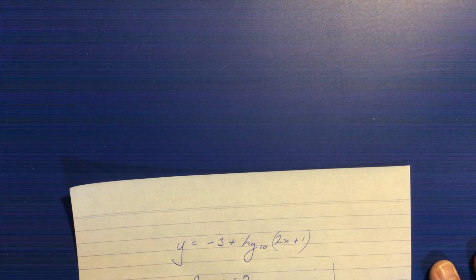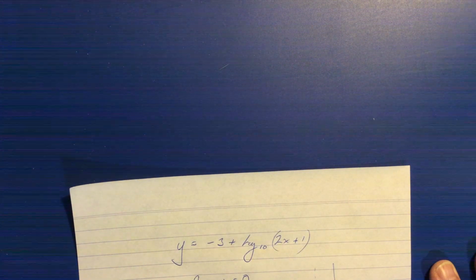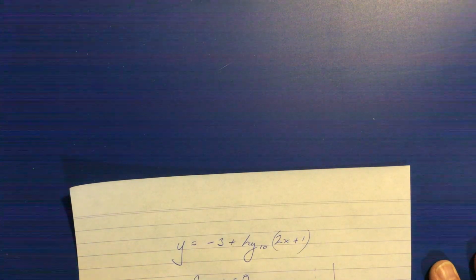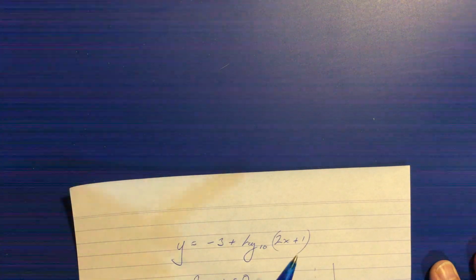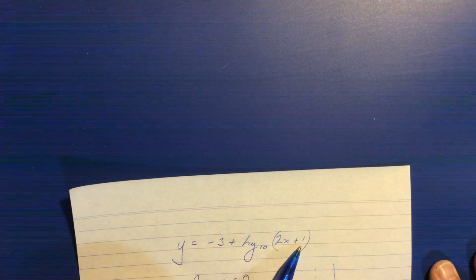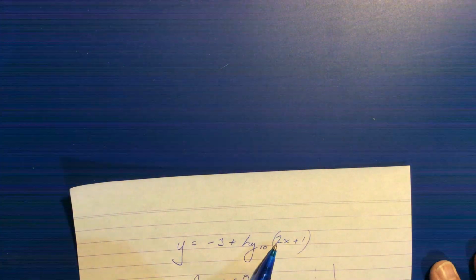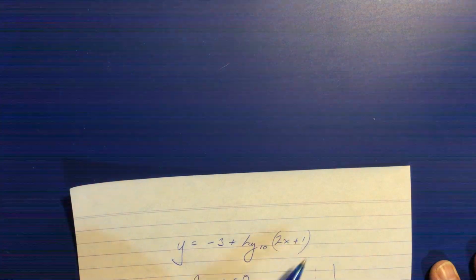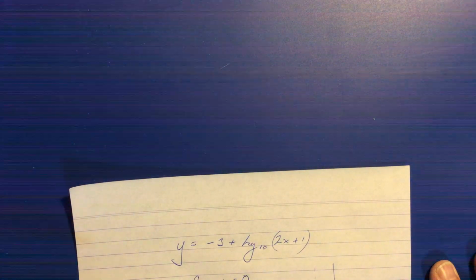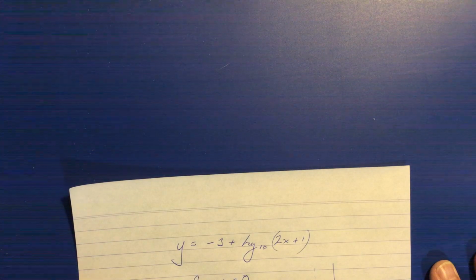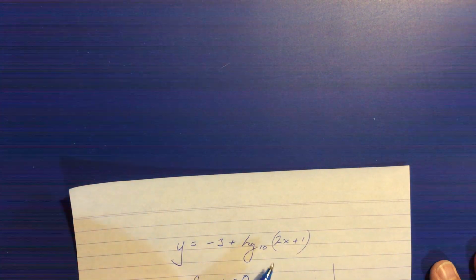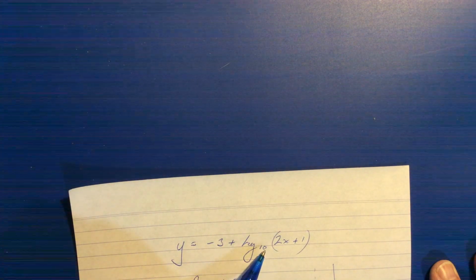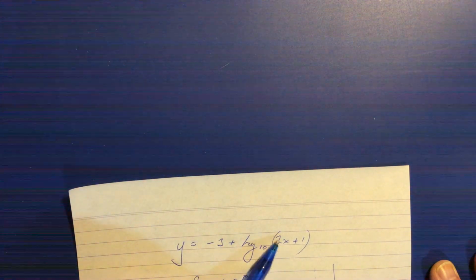Now, if this were an exam question, I'd start with the easiest of the three questions, and that is finding the asymptote. In order to do that, this cannot equal 0. It's got to be greater than 0. Why? If we think about this in terms of an exponential expression, we've got 10 to the power of something equals this.